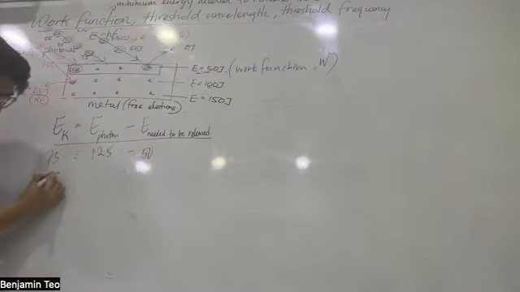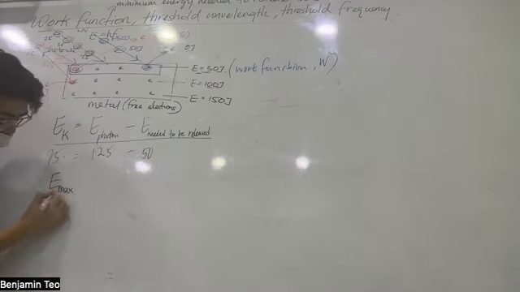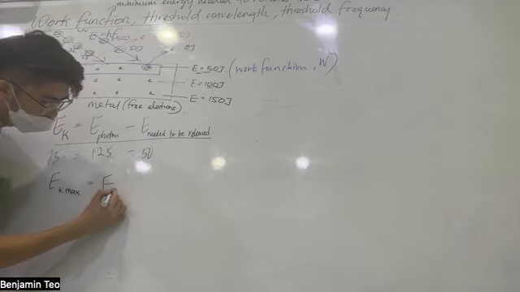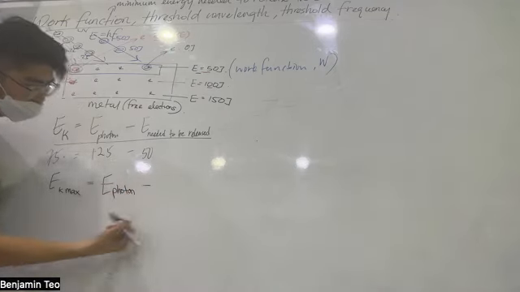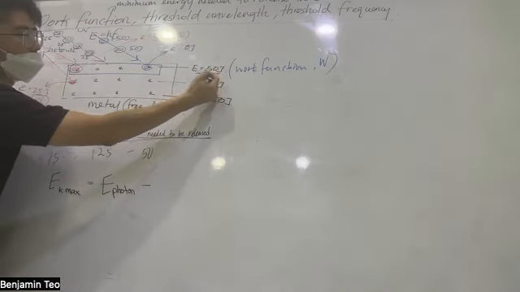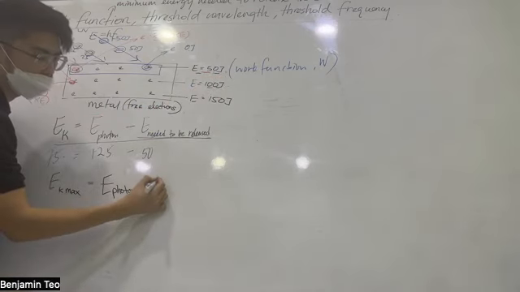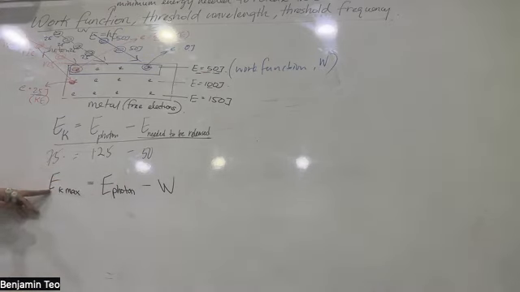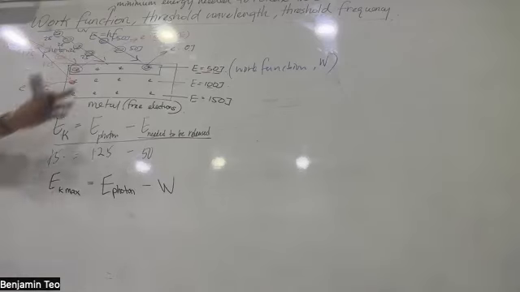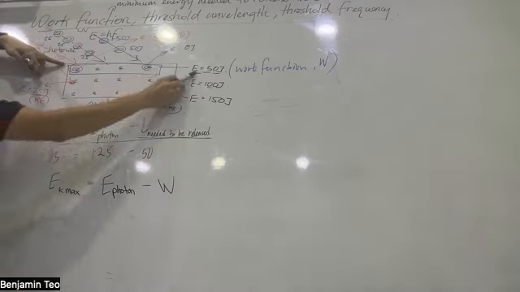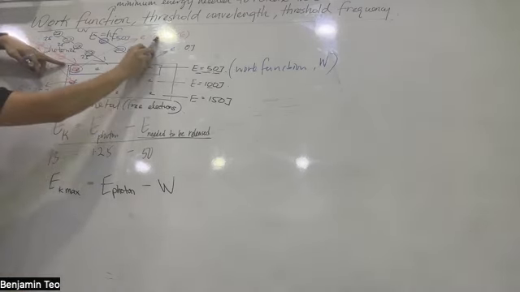If I want the maximum kinetic energy, EK max, the maximum kinetic energy is your photon energy minus the energy to be released. We take the smallest energy to be released, the work function. So 125 absorbed by the first layer, you have 75 kinetic energy.